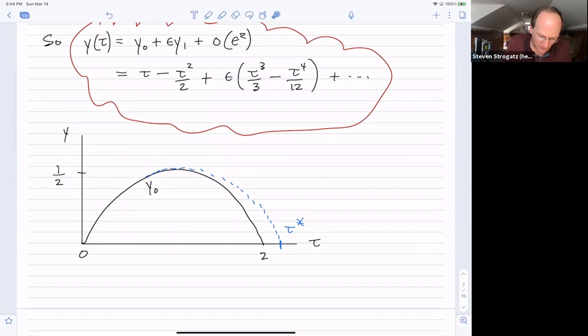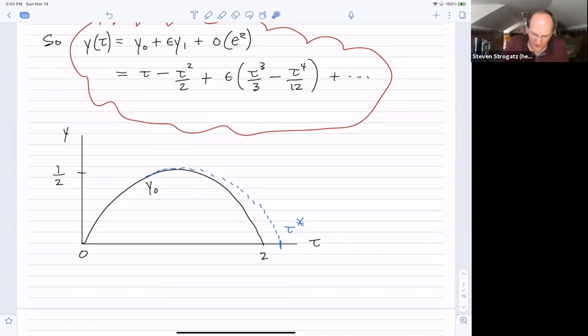If you want to know when y of tau equals 0 when we return to the ground, well, tau equals 0 is one place. But we can get the other by solving this expression equals 0 with a perturbation series, looking for tau that is 2 plus some order epsilon correction to make tau star.